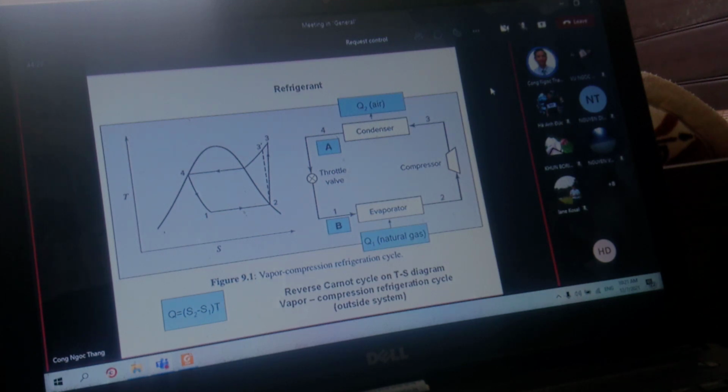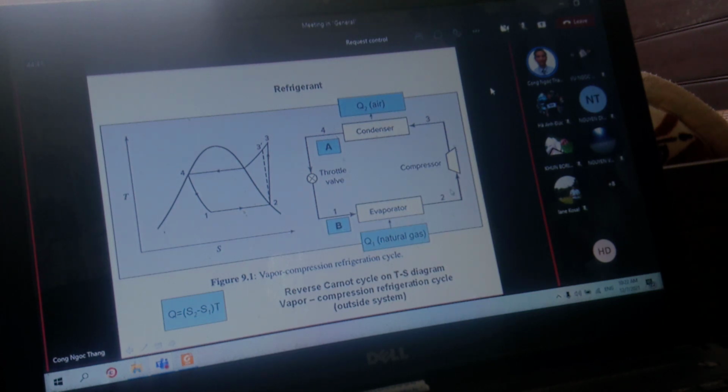But in gas processing and conditioning, we can use refrigerant propane, ethene, and so on, or mix some other components.